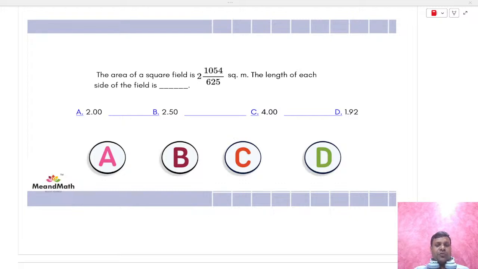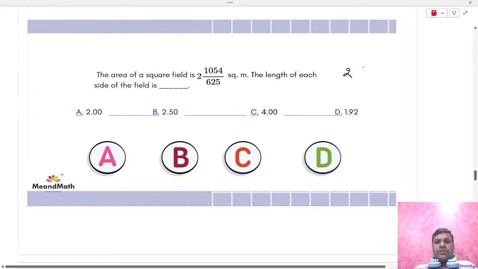So what is going to be the answer? Let me convert this mixed fraction into the improper fraction for you.